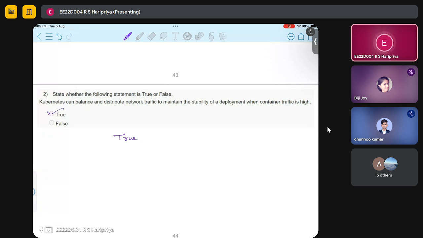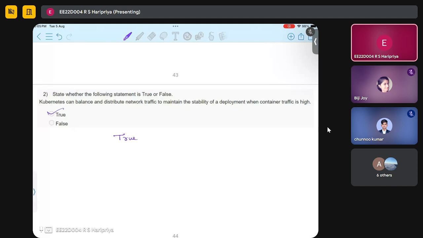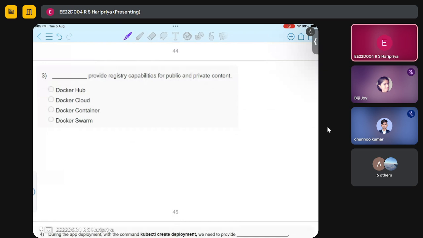Kubernetes can indeed balance and distribute network traffic across containers to maintain the stability and the available deployment when the traffic is high. And this is done through services like the Kubernetes services, which can perform the load balancing.